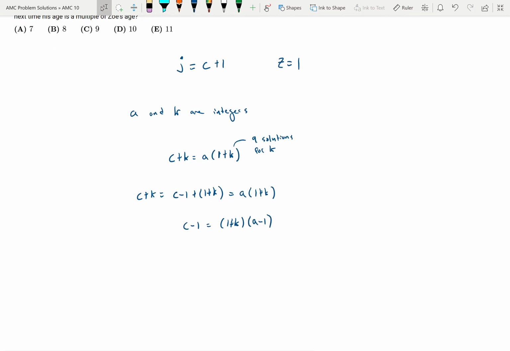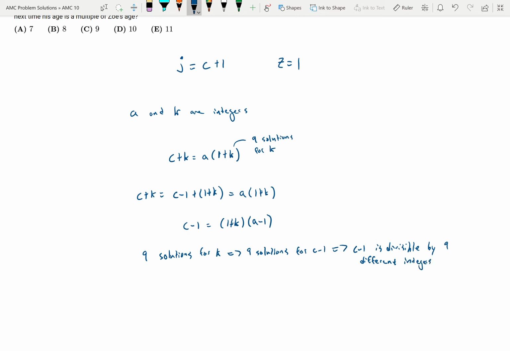So basically, I just rearrange the equation. It still holds that there are 9 solutions for K. And that implies that there are also 9 solutions for C minus 1. And that implies that C minus 1 is divisible by 9 different numbers, 9 different integers.